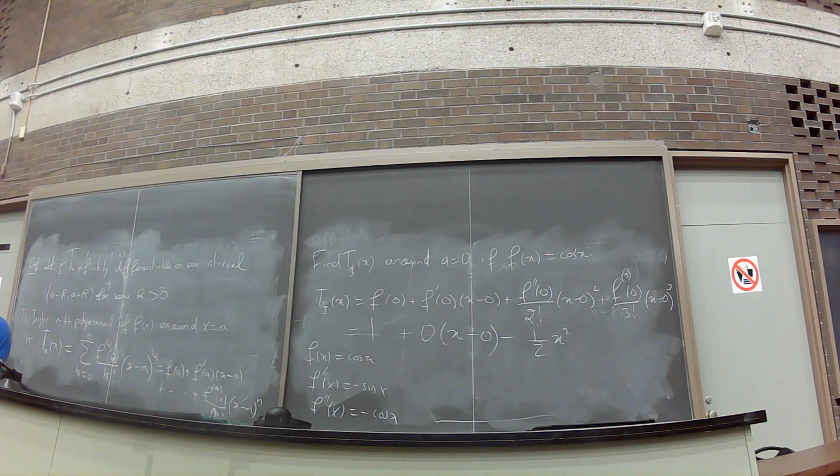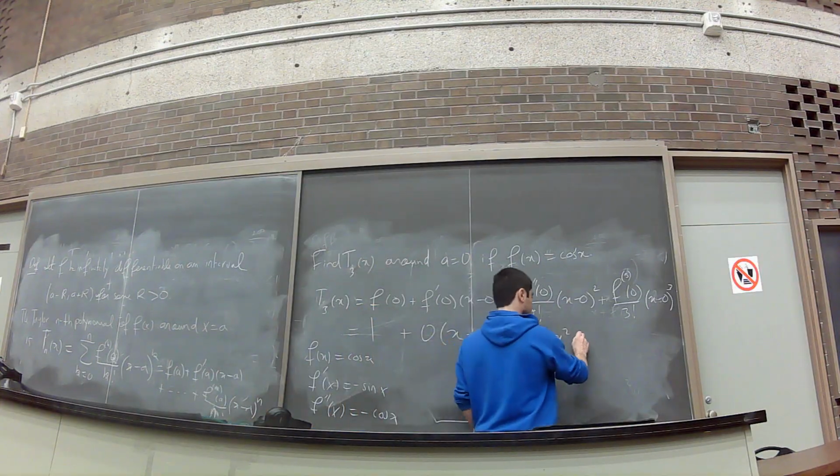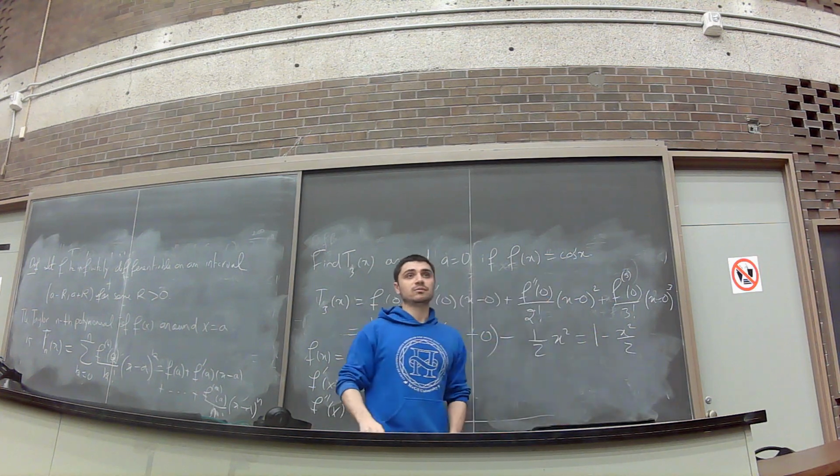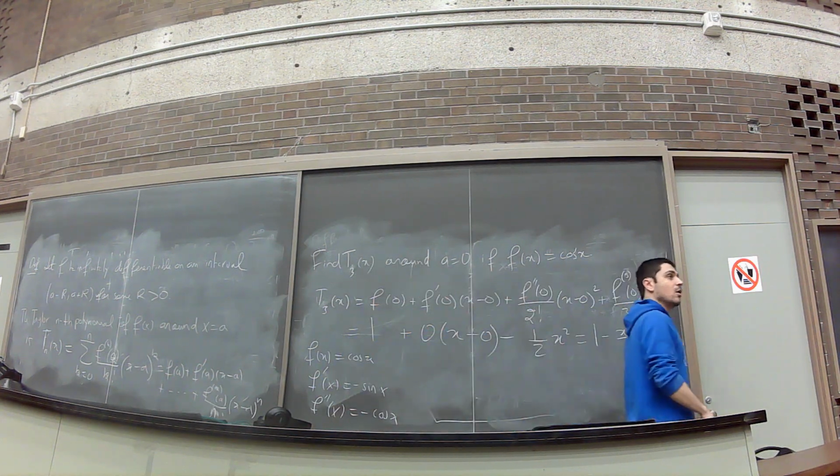In physics, you've seen the approximations that cos x, if x is small, is 1 minus x squared over 2, right? Have you used this before? That if x is small, then cos x is close to that. Another approximation you have seen: sine x is close to x.